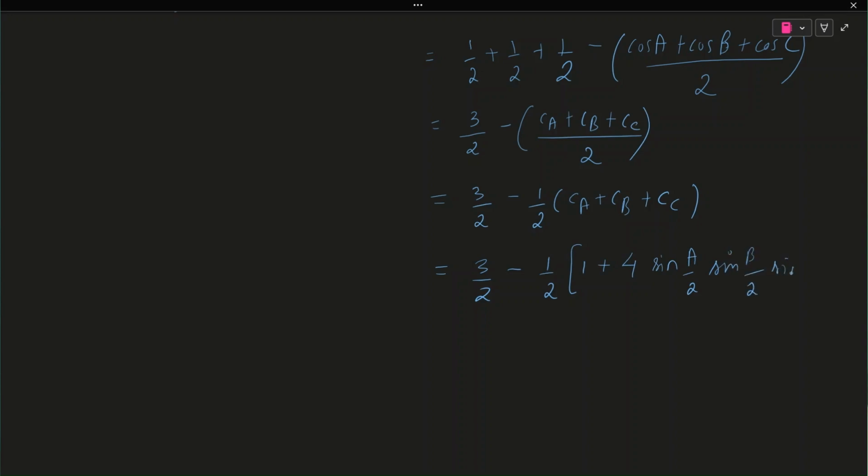I will tell you why 4 is coming. It's just because they are combining two different equations. Cos A plus cos B, when evaluated, you would get something like 2 sine of A plus B by 2 and sine of A minus B by 2, something like that. And then 2 cos of C plus D by 2 and 2 cos of A plus B by 2 and cos of A minus B by 2. You will be getting it like that. And with this taking as an expression and comparing with the cos C, you would get another 2 multiplied again.